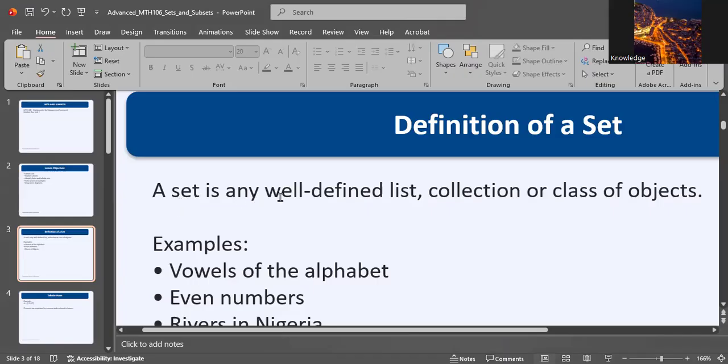Any well-defined list. A set must be well-defined so that anyone can easily guess the members of that set. In your kitchen now, everything in that kitchen can be named kitchen utensils. So when you say kitchen utensils, anybody can generally guess what will be in the kitchen.